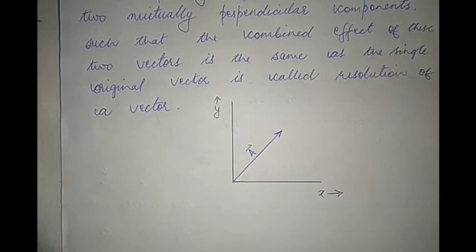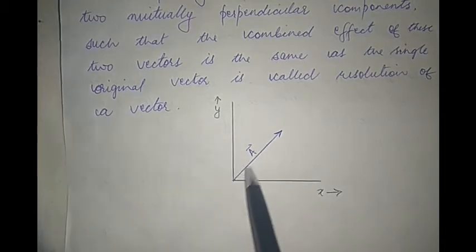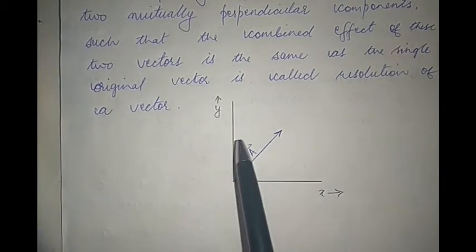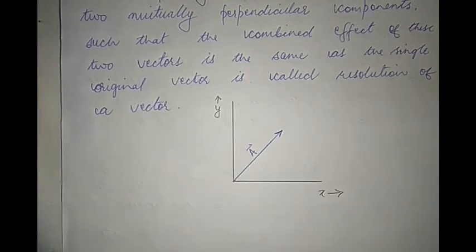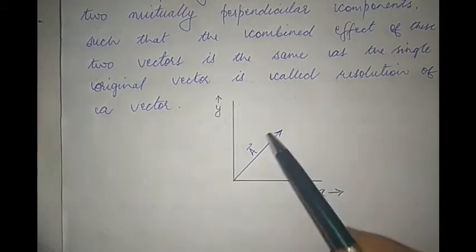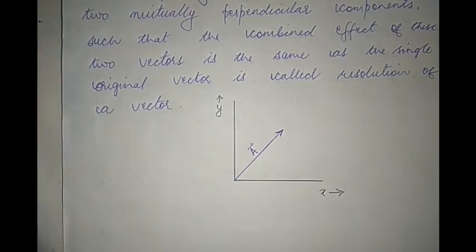But here we are only concerned about splitting the vector into two mutually perpendicular components. So resolution of a vector is the splitting of this vector into two mutually perpendicular components, such that when we add those two components, we get the same single original vector.